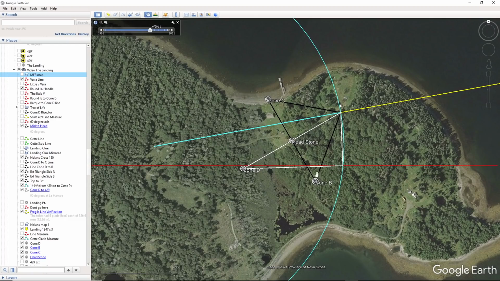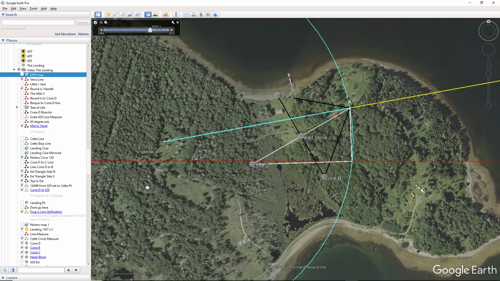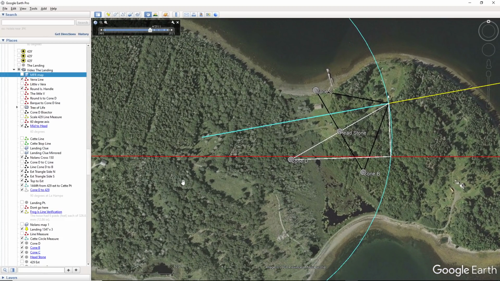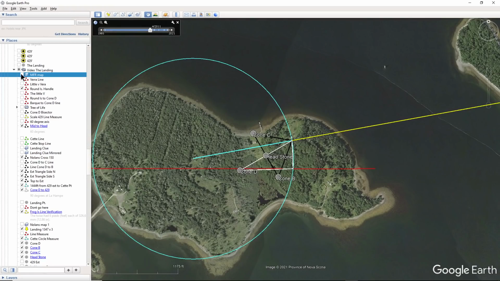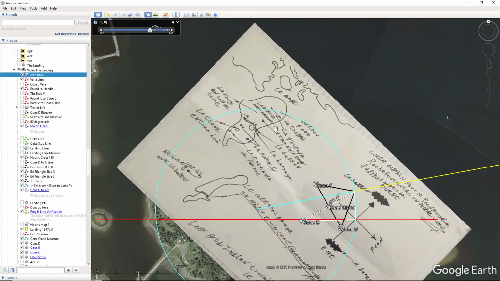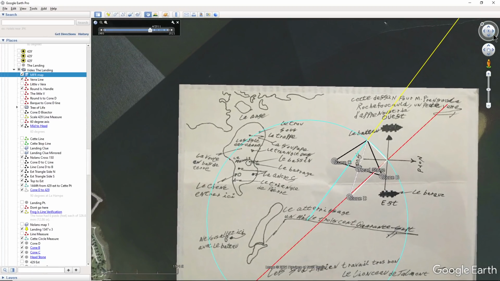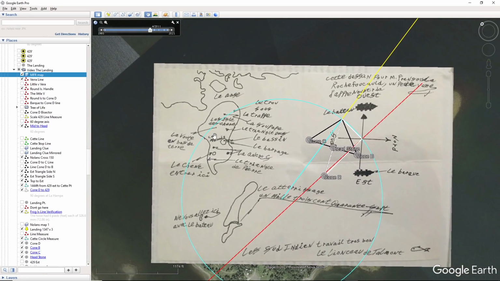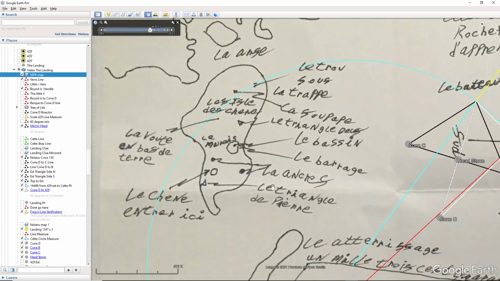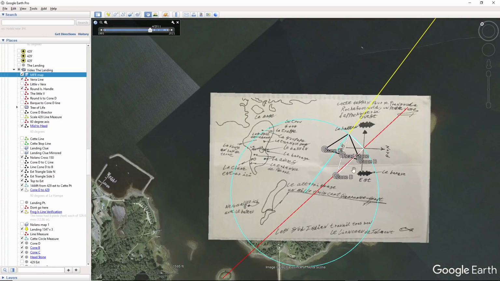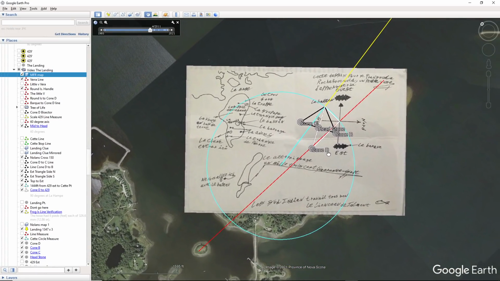And now we have the positions that will be utilized to find the rest of the landmarks that are on Oak Island, on the Rochefoucald map right here. So we're going to try and find the rest of these through geometry.